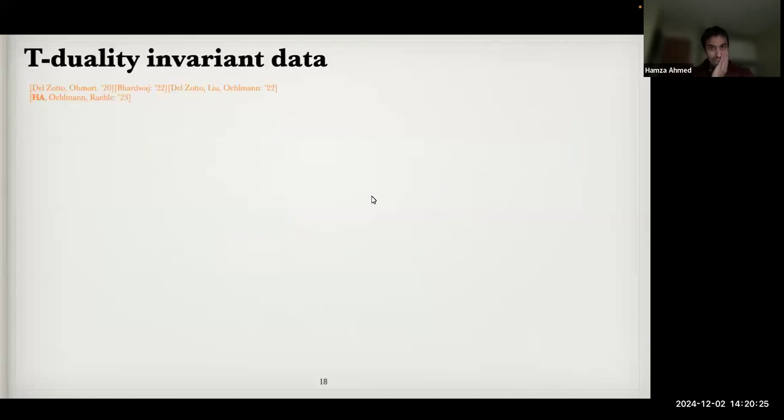Right. So far I've told you what T-duality is, but how do you find or claim that theories are T-dual? Like I said, I like to think of these theories as quantum field theories with this extra property of T-duality. So you can use quantum field theory principles to have certain data that must match for consistent dual quantum field theories.